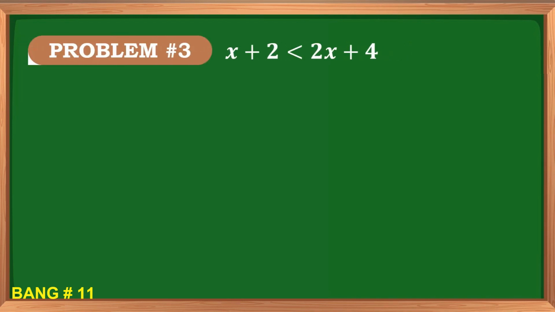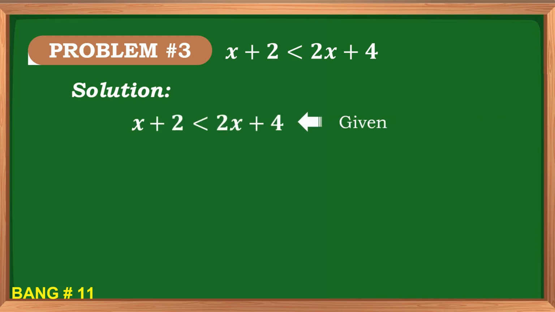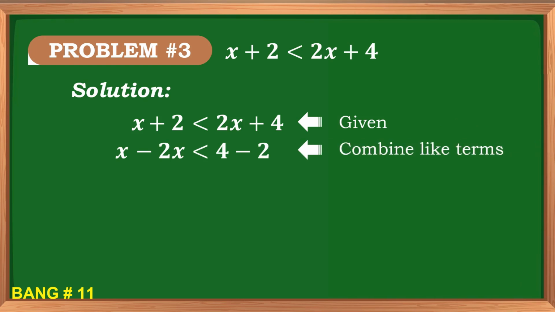Third example. x plus 2 is less than 2x plus 4. So you combine like terms, and that will show you x minus 2x is less than 4 minus 2. And then you simplify.